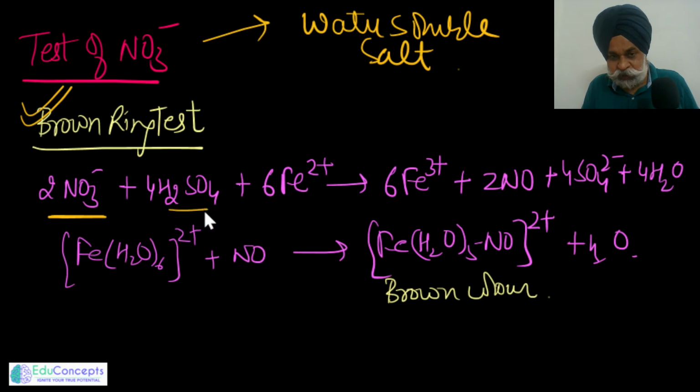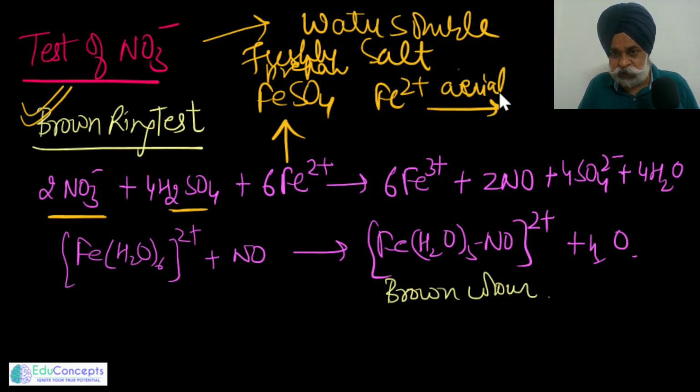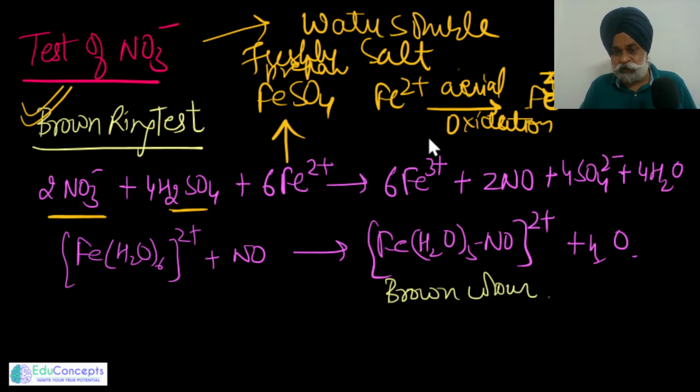Nitrate ion is treated with sulfuric acid and freshly prepared ferrous sulfate. Why does it have to be freshly prepared? That is also very important, because the problem with Fe2+ salts is aerial oxidation: even with aerial oxidation, it changes to Fe3+, which you might have seen in the electrochemical phenomenon of rusting.